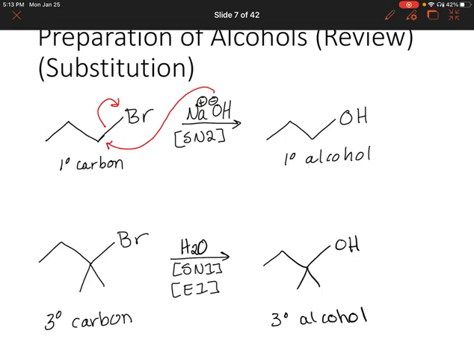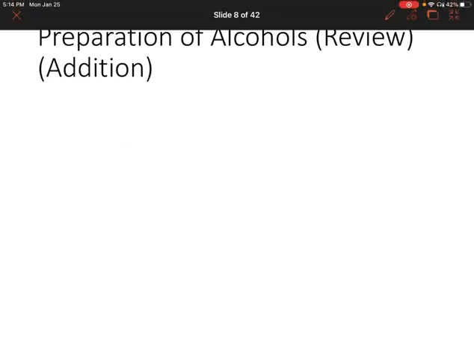Okay, so now let's just review some of the reactions that we've learned this quarter so far that will give us an alcohol. So addition reactions will give us an alcohol. So for instance, if we start with this simple alkene, we can use acid catalyzed hydration.